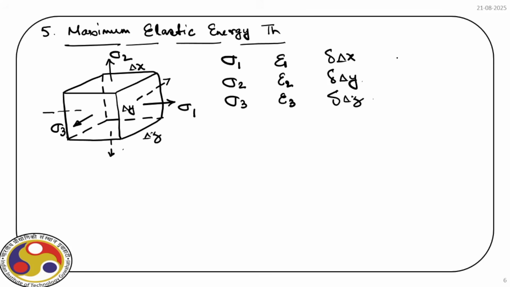Now, if we have the stress strain plot, for linear case, we have a straight line and the area under this curve, which is here, this is the work done, right?